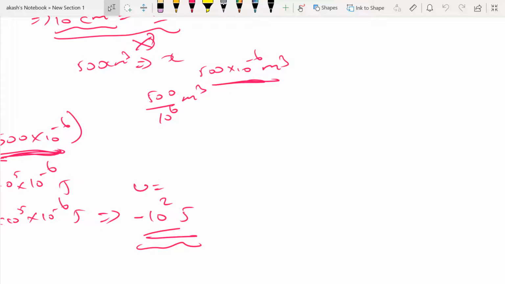So they have mentioned it as isothermal reversible expansion. You know which formula to use, right?